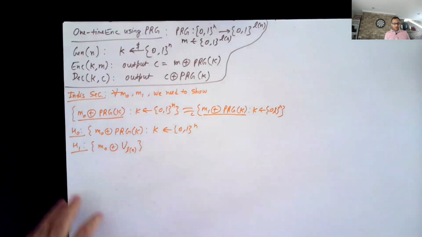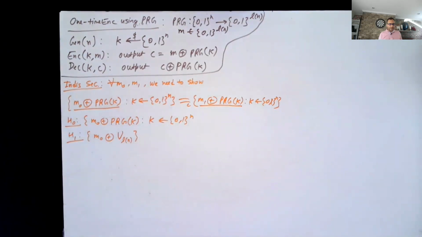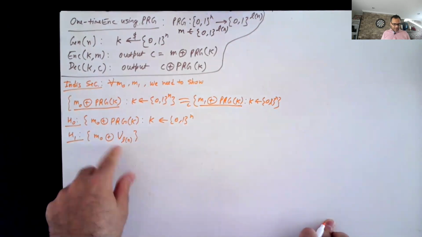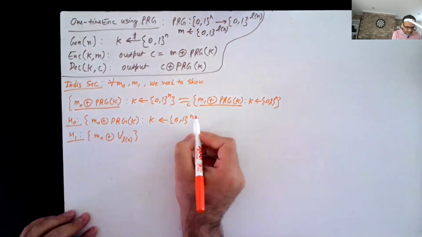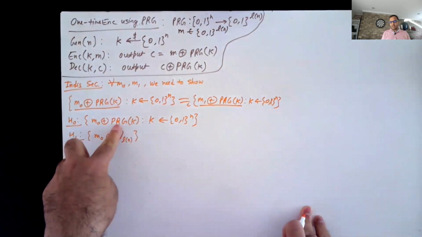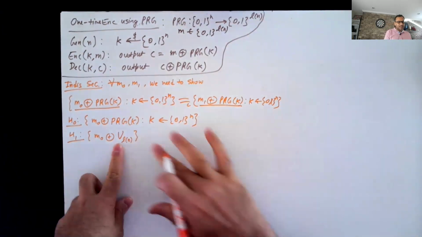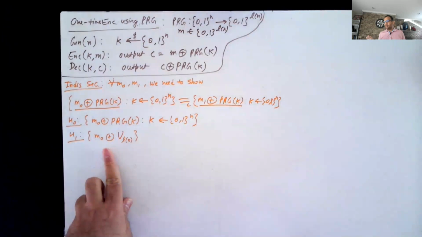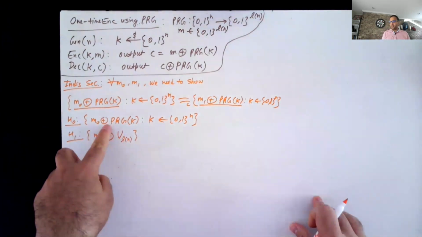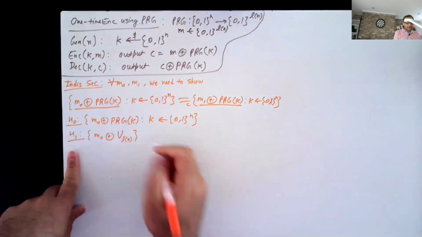And again, I'm not doing the proof in great detail, but here the point is that if the key was generated at uniform, then the guarantee that the PRG gives you is that the output of the PRG looks uniform, right? If somebody can distinguish H0 and H1, some PPT adversary, then you can construct another PPT adversary which can distinguish the output of the PRG from uniform. Okay, so this follows.